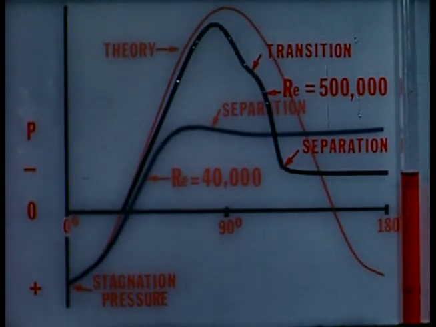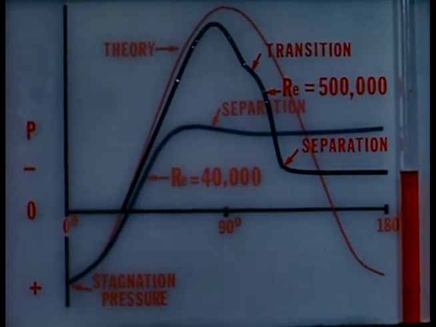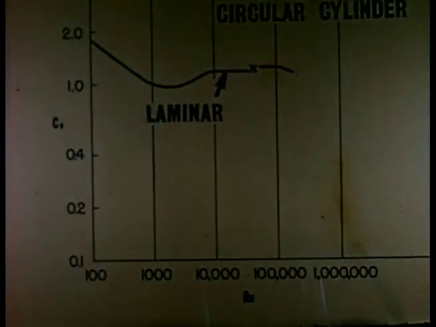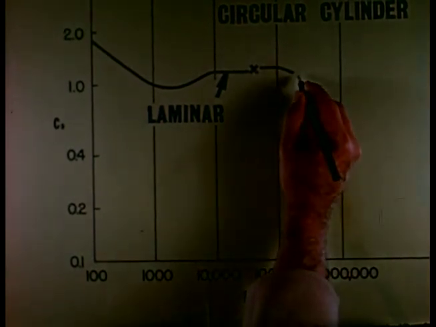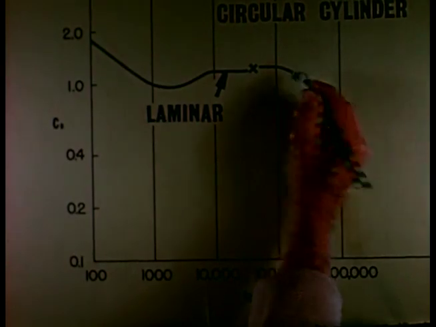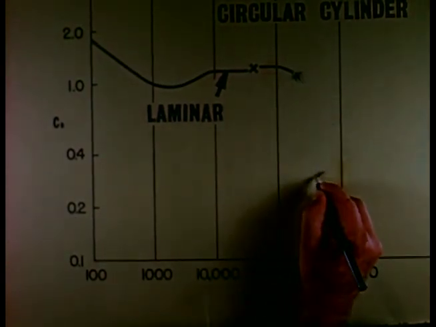Pressure recovery in the wake is more complete with a turbulent boundary layer. Higher pressure and smaller separated area in the wake produce a marked decrease in form drag when a turbulent boundary layer exists.